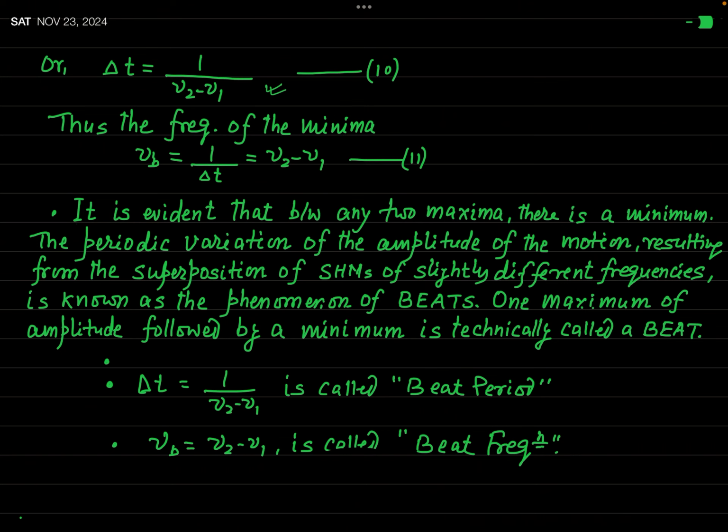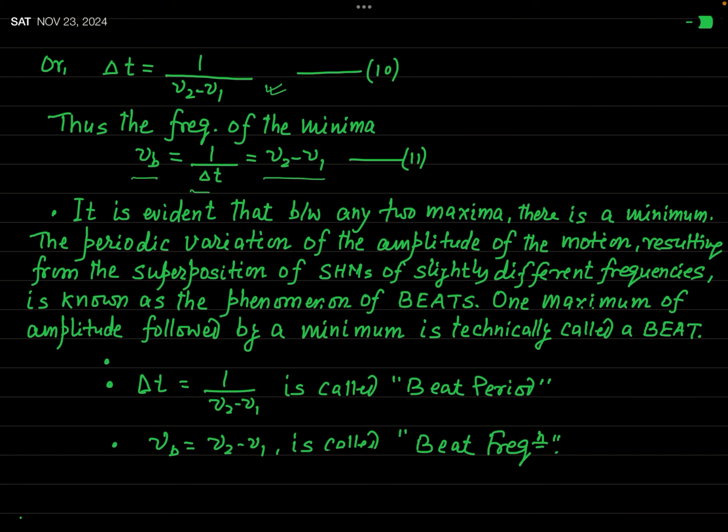So this is the time interval delta t in which the resulting amplitude becomes minimum one time. Therefore, again, the frequency of minima, that is the number of minima occurring per second, will be 1 over delta t, and that is equal to nu 2 minus nu 1.